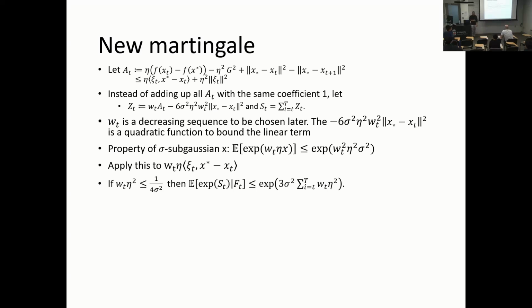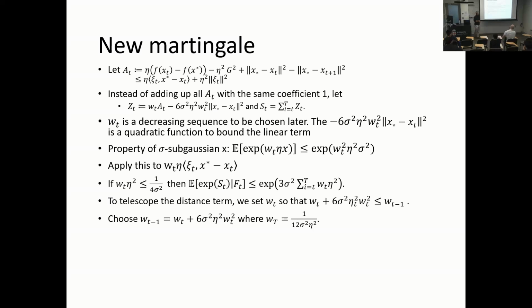And all I need to set up is the Wt so that as I go back, the coefficient gets bigger by this sigma squared eta squared Wt squared, so that I can cancel out in the telescoping sum. So the Wt will be big at the beginning, and it gradually gets smaller. The amount it gets smaller is by this sigma squared eta squared W squared.